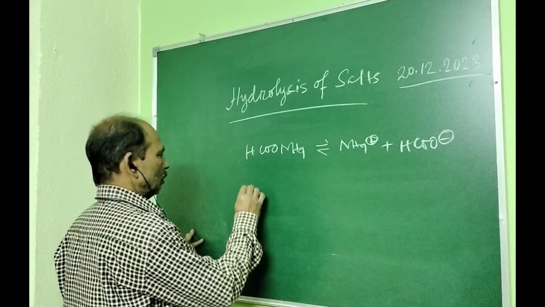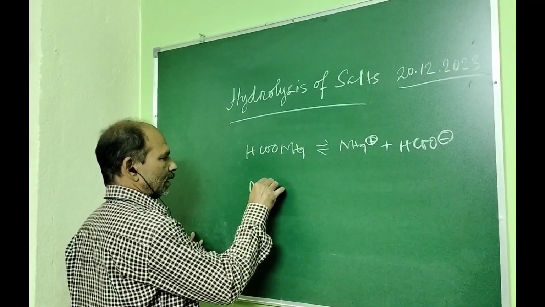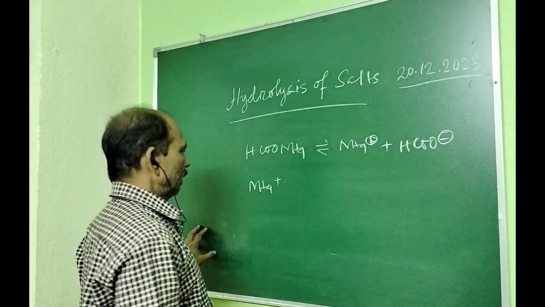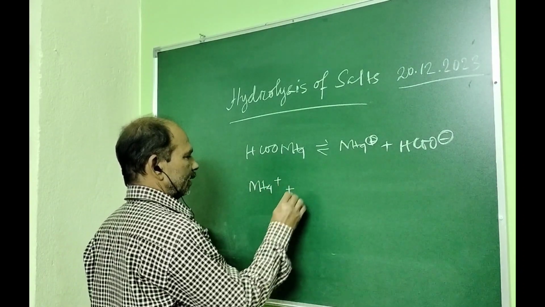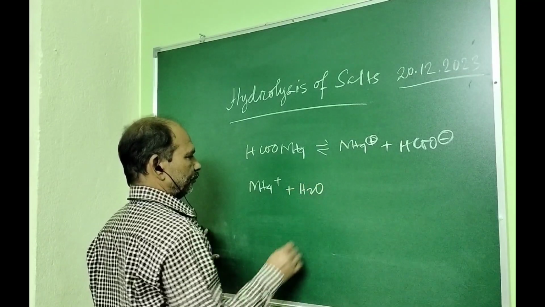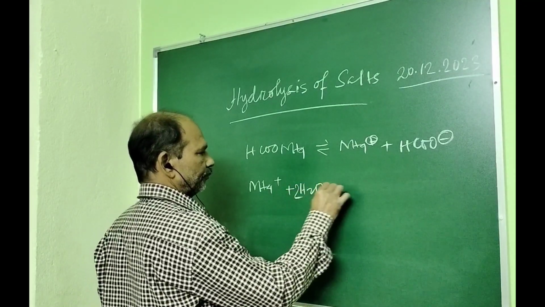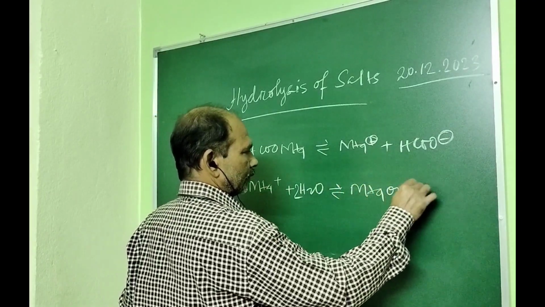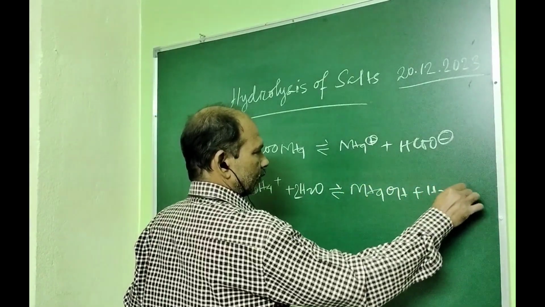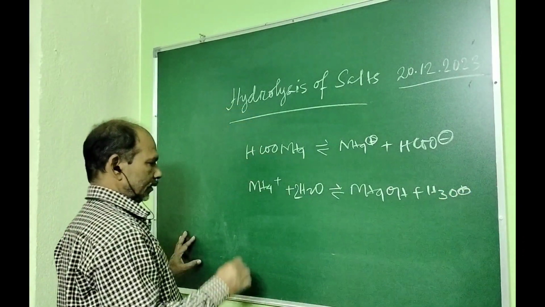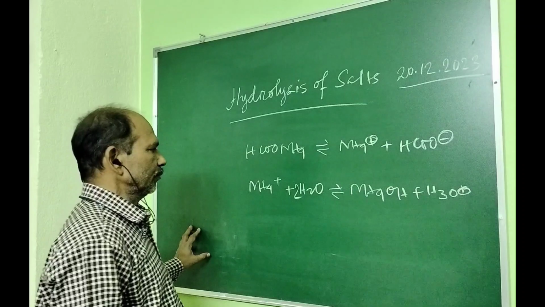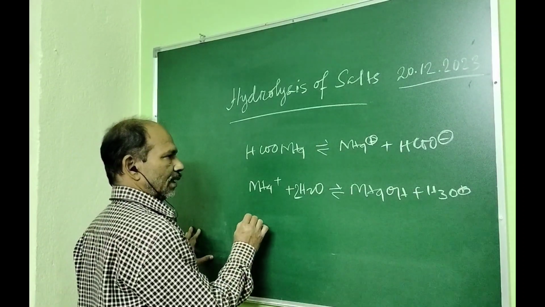So the number of OH minus ions produced from HCOO minus on hydrolysis is greater than the number of H3O plus ions produced from ammonium ion.